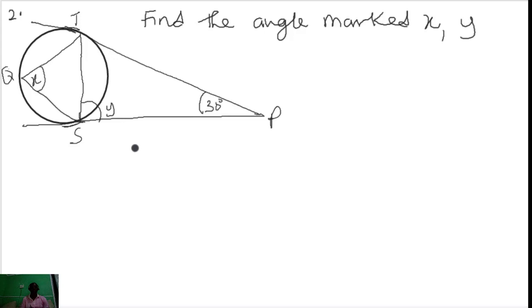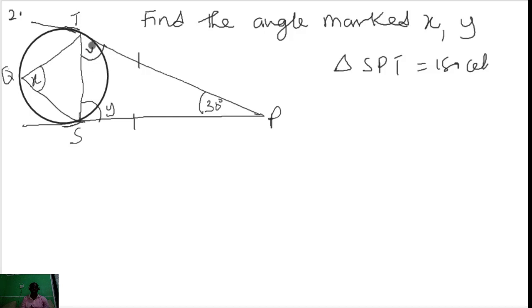We first have to know that since SP and PT are tangents from P, they will be equal in size. So this is equal to this. So it makes triangle SPT an isosceles triangle.